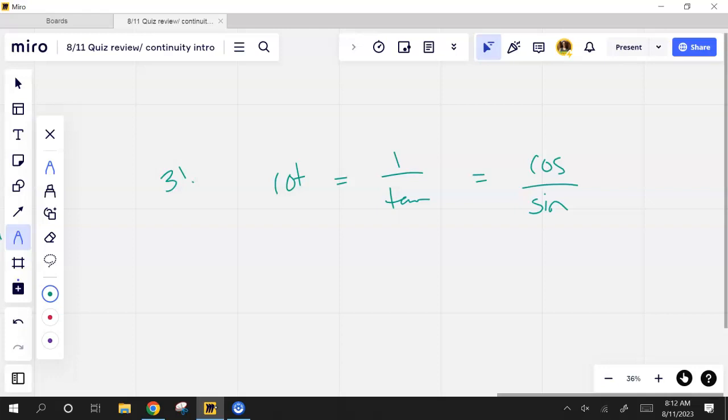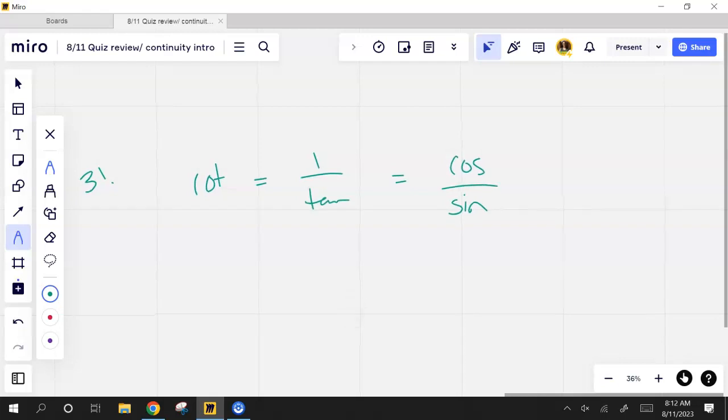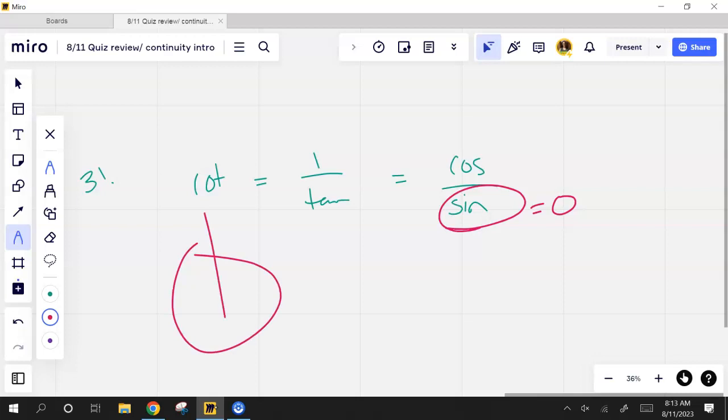Okay, what's it say? What are you approaching? Find the vertical asymptotes. So vertical asymptotes happen where the bottom is 0 and nothing cancels out, right? Where does that equal 0? So if I'm on the unit circle here, right?